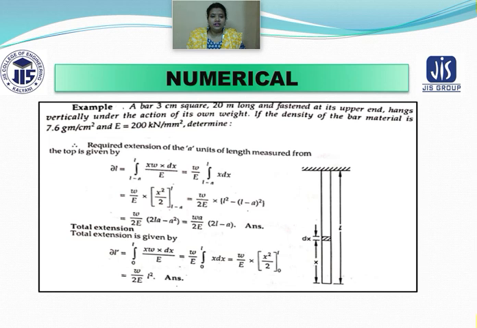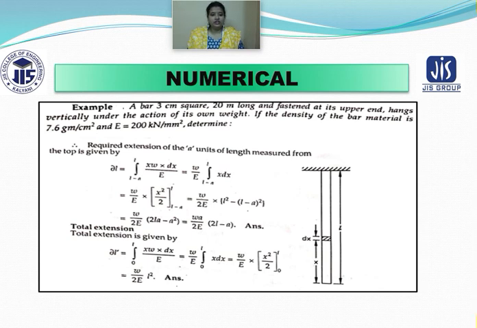If the density of the bar material is 7.6 gram per centimeter cube and the modulus of elasticity is 200 kilonewton per millimeter square, then determine the extension, or total elongation, of the bar.